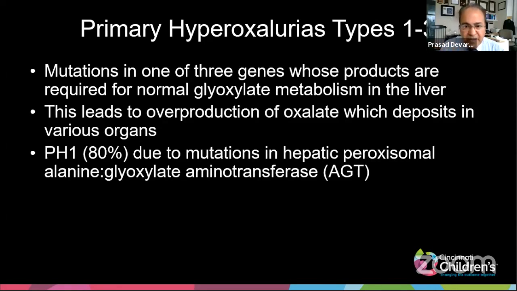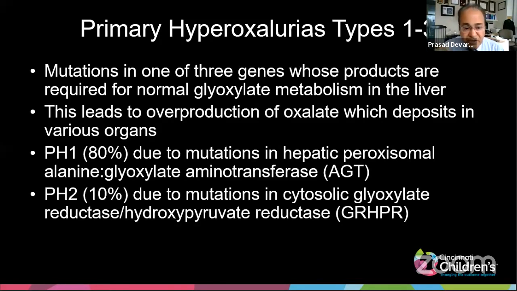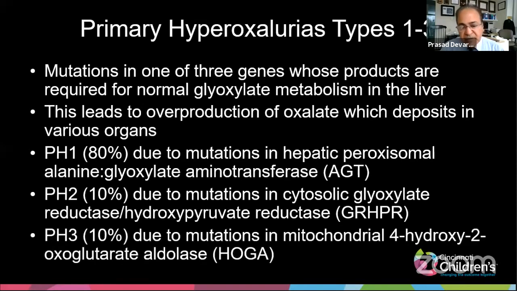If that enzyme is absent, you will get accumulation of oxalate. PH2, which is less common, is due to mutations in a cytosolic enzyme, GRHPR. And PH3 is due to mutations in a mitochondrial enzyme. And I'll show you a little figure that puts all this into perspective.